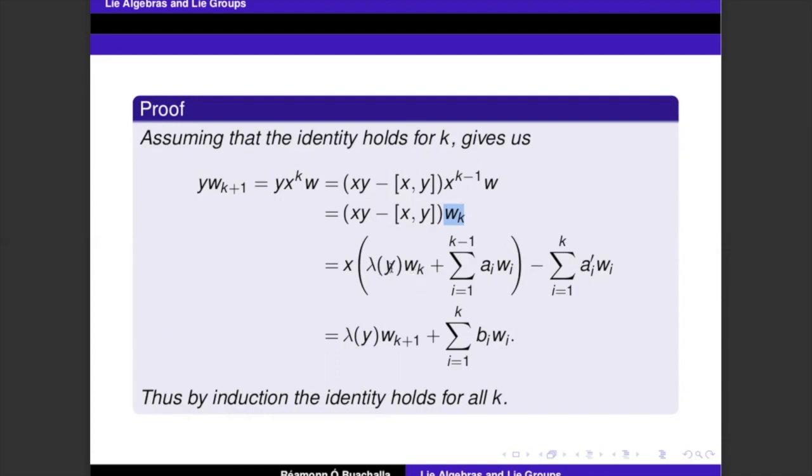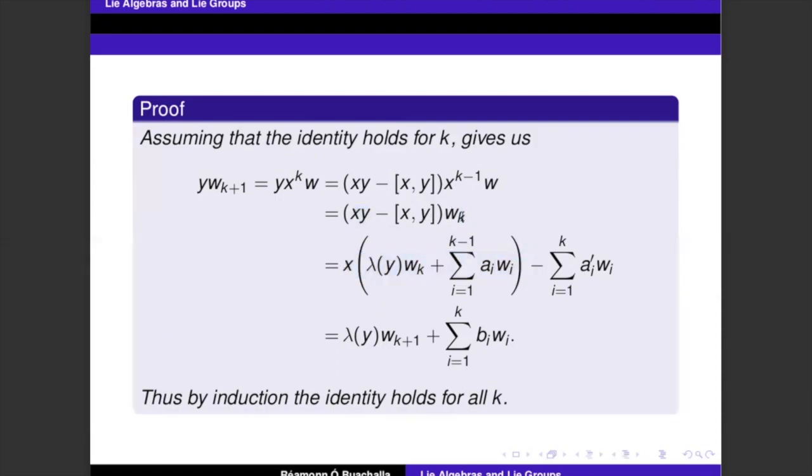And we're going to get lambda y of k on the leading term. And then in the lower order terms, we're going to get some ai wi's. We don't care really what they are, just that it's a linear combination, and that the limits of the summation terminate at k, everything is lower down. So this guy acting on this gives us this.